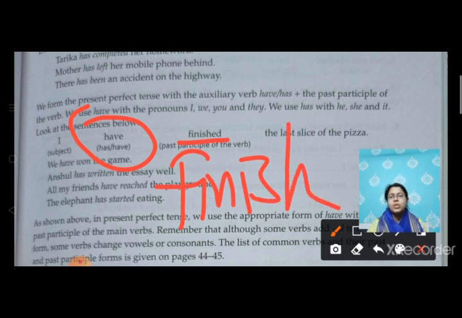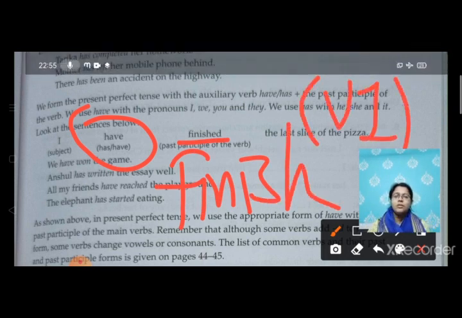Finish is the base form जिसको हम V1 भी कहते हैं. Okay.